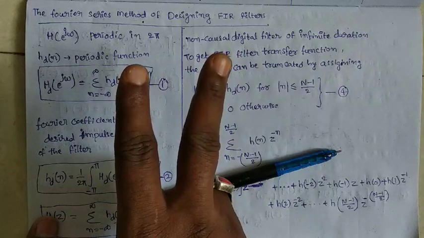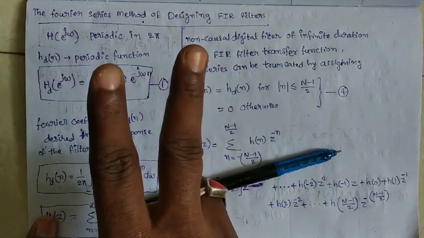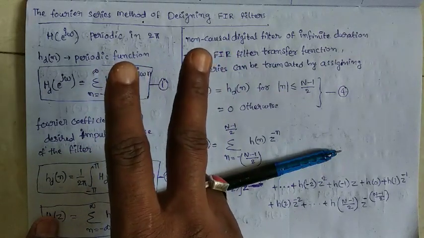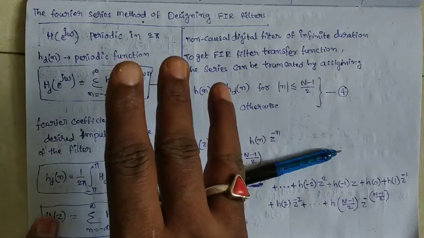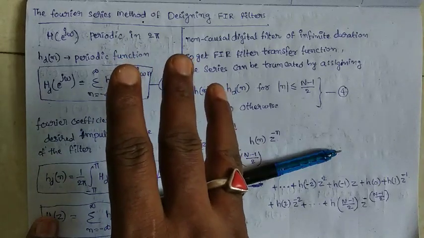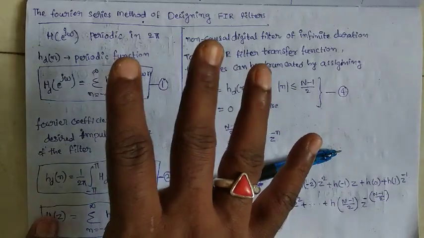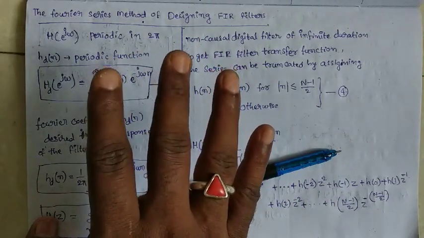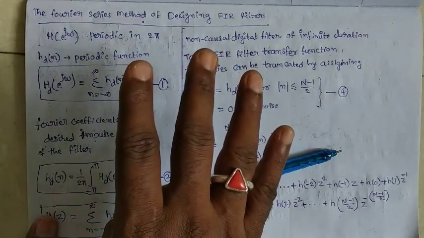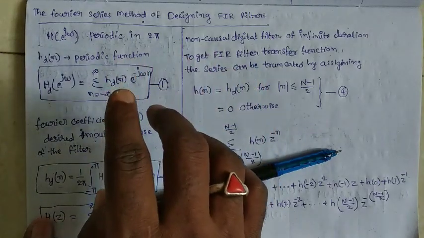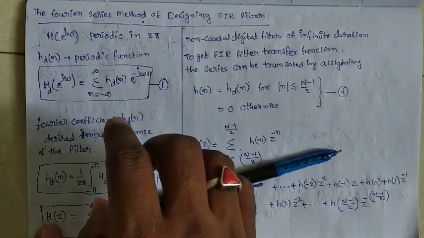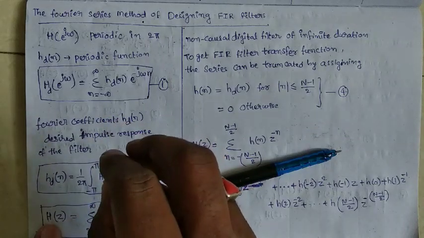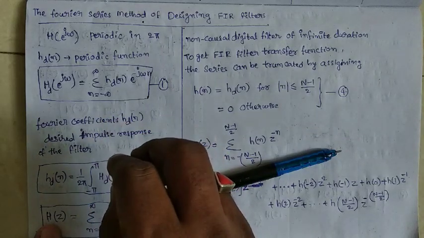The second method is windowing techniques. The third method is the frequency sampling method. And fourth, we will observe optimal design techniques. In this class, we are discussing the Fourier series method of designing FIR filters.